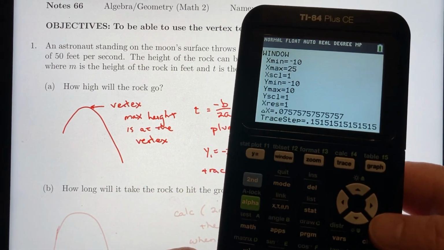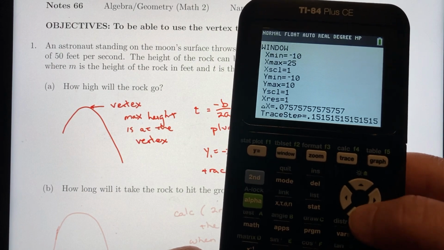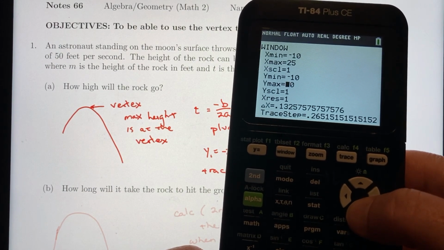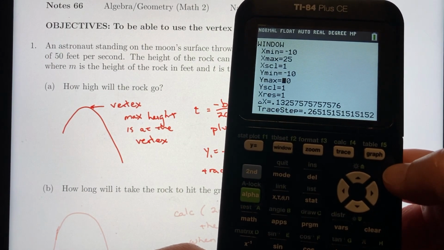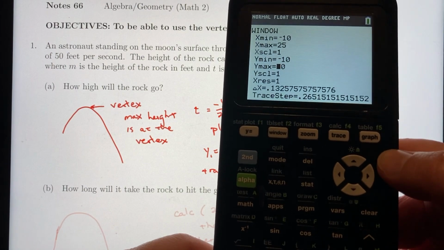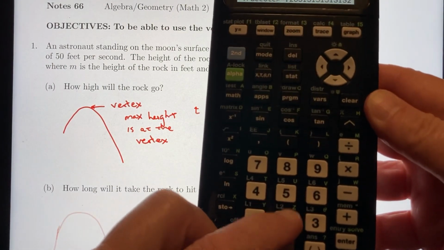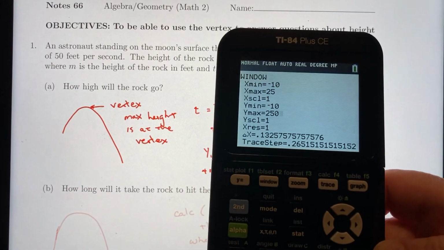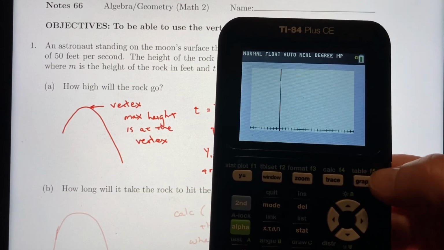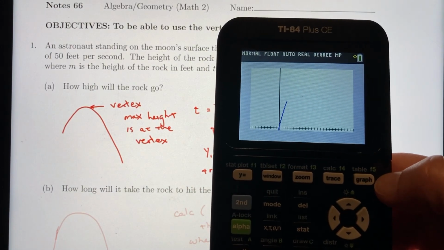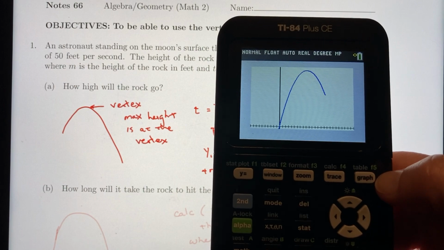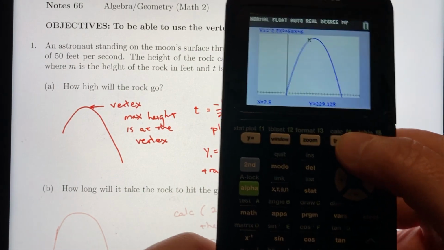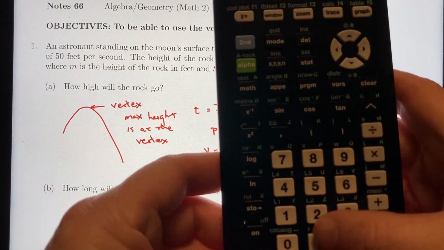So I'm going to make X max 25 in this problem. I'm going to make my Y max big enough that I can see the top, 237. So I think I'll make the Y max 250. When I graph it then, I see the actual parabola. Okay, and if I trace it at 9.259 now, I can actually see it blinking on the top.